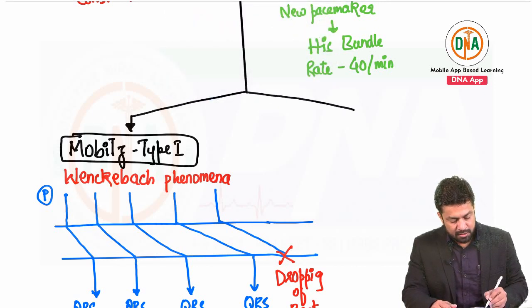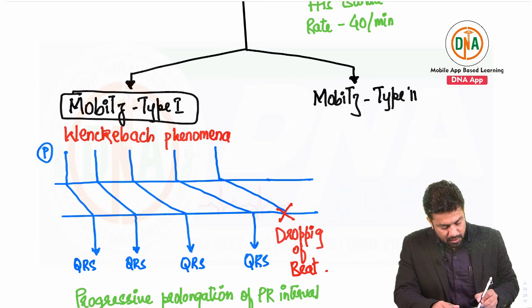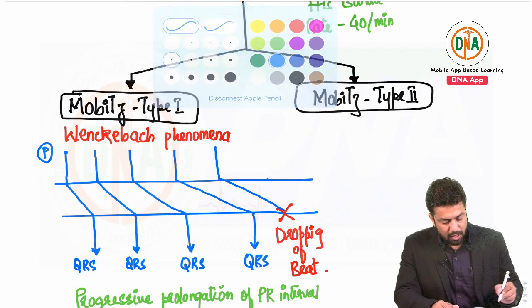The second one is what we call Mobitz type 2 heart block.